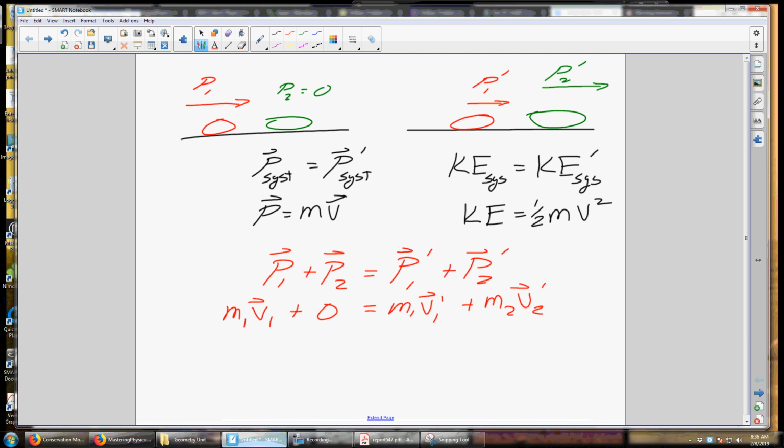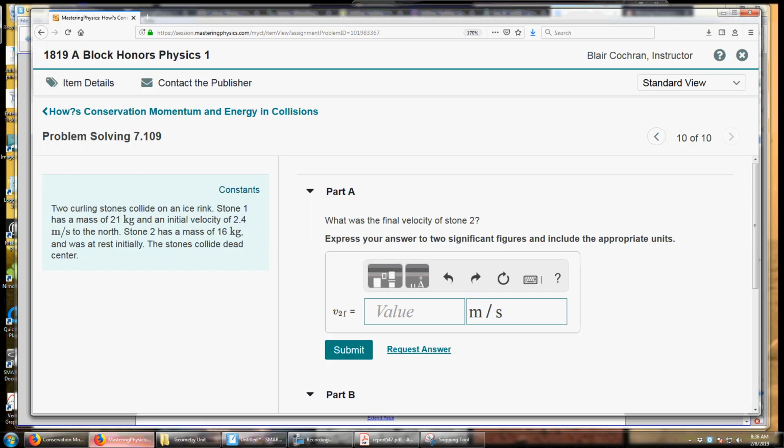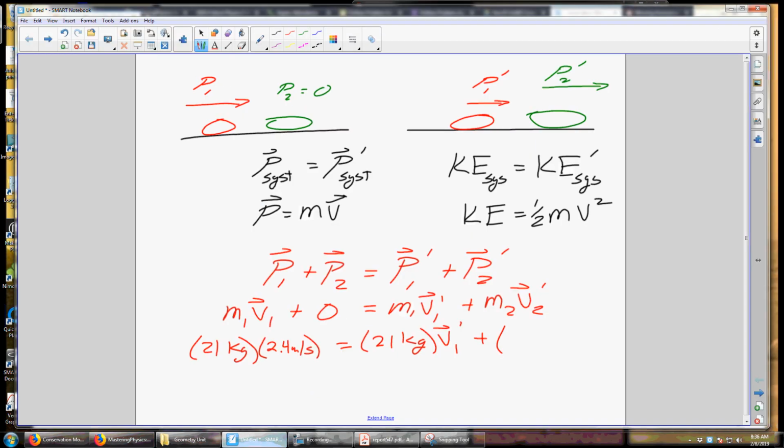So, 21 kilograms times 2.4 meters per second equals 21 kilograms V1 prime plus 16 kilograms V2 prime.